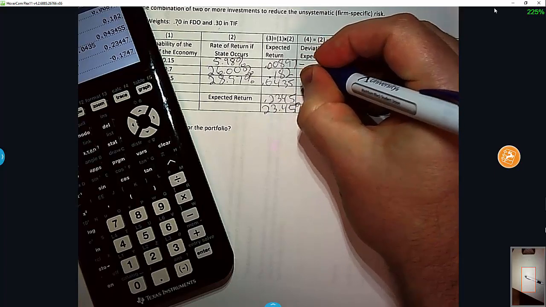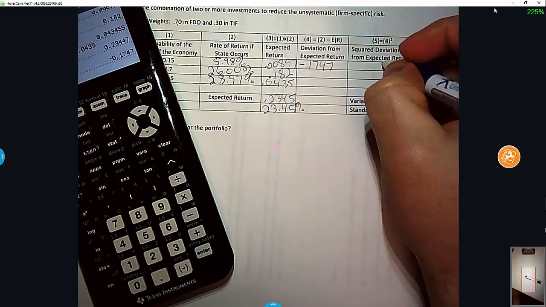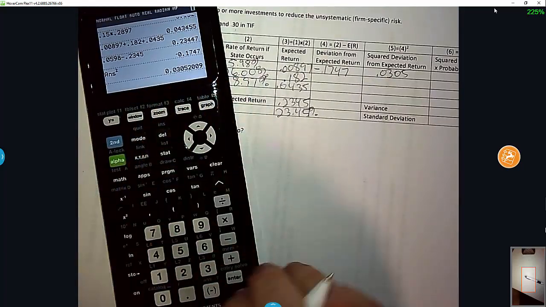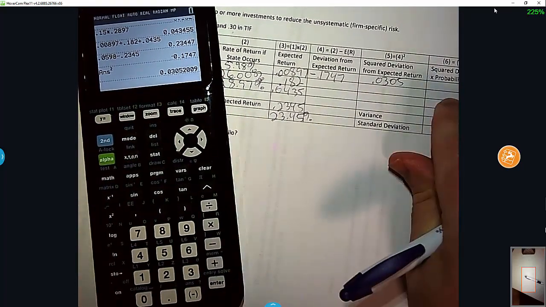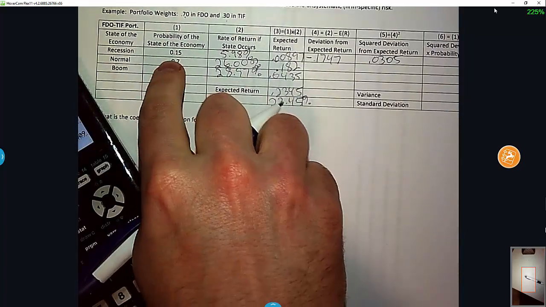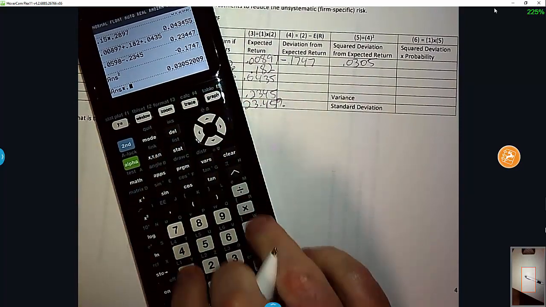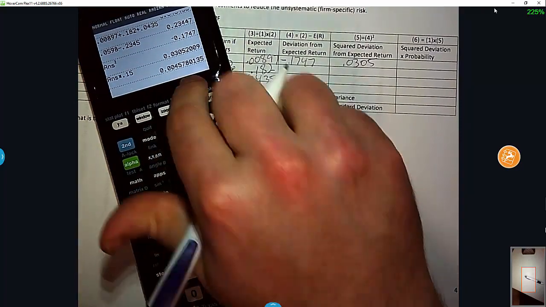That gives me a value of negative 0.1747. I'm going to square that to get 0.0305. And then I'm going to multiply that by the probability of 15% that comes from right here, to give me a value of 0.0046.